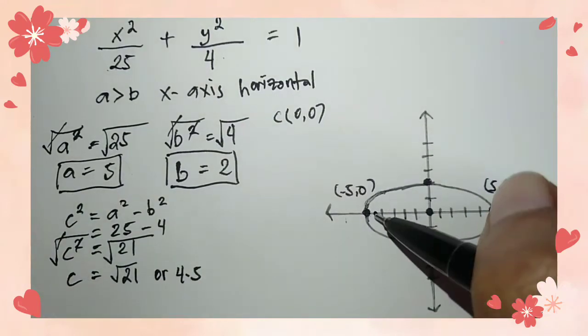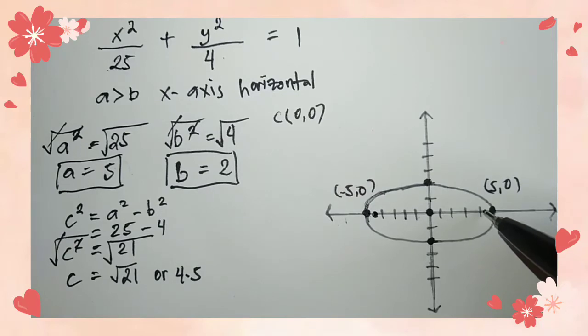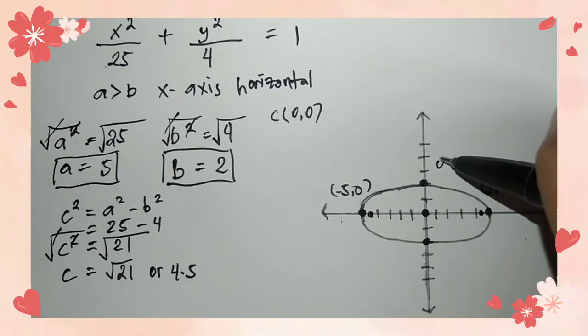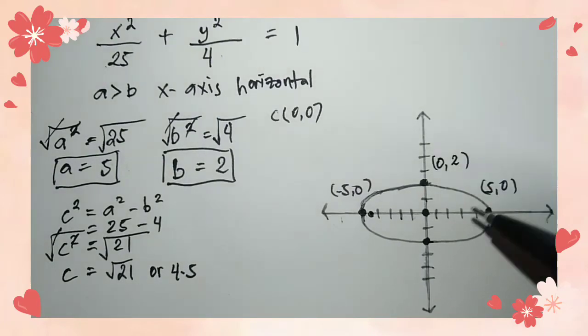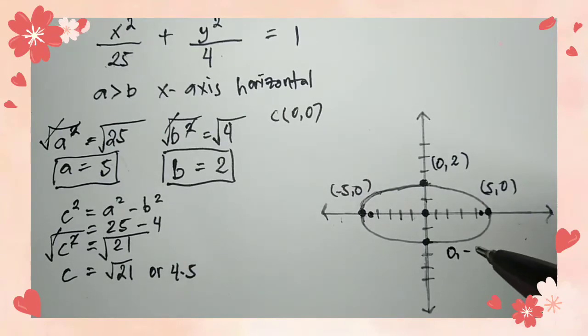So, I guess nandyan siya. And focus 2 is 1, 2, 3, 4.5. So, nandyan yung ating 2 foci. Okay? So, kunin naman natin yung coordinates ng ating co-vertices. We have 0 and positive 2. And then, 0 and negative 2. Alright?